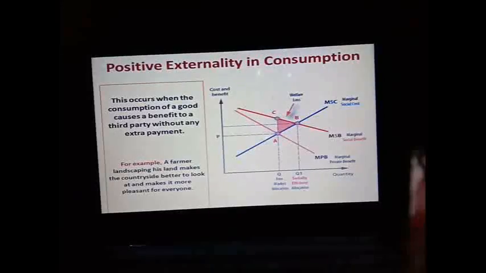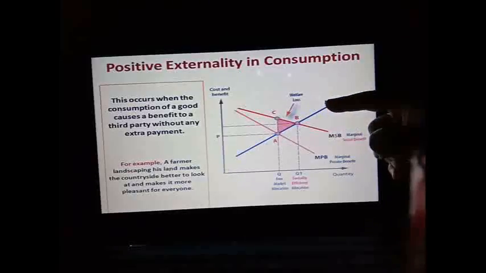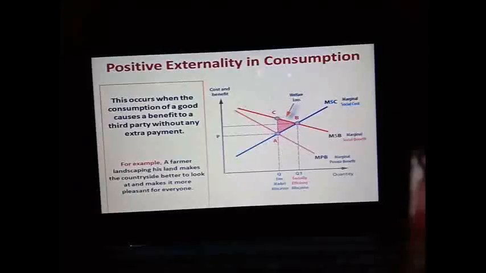Now our positive externality in consumption. As the externality exists in our consumption process, divergence arises between marginal private benefit and marginal social benefit, but our cost curve remains the same, as marginal social cost and marginal private cost do not diverge, because the externality emerges not in production but in consumption.